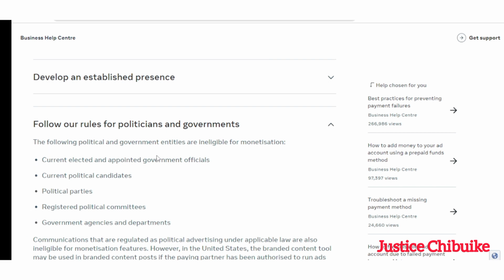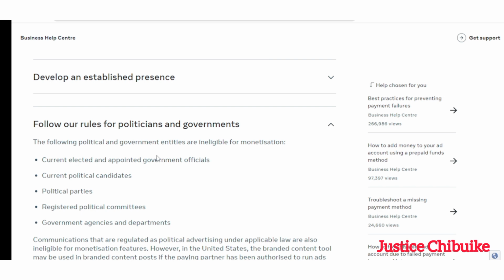If you fall under this category, although you can be monetized, it requires some professional procedures and there is a way you are going to approach it before you can monetize on Facebook.